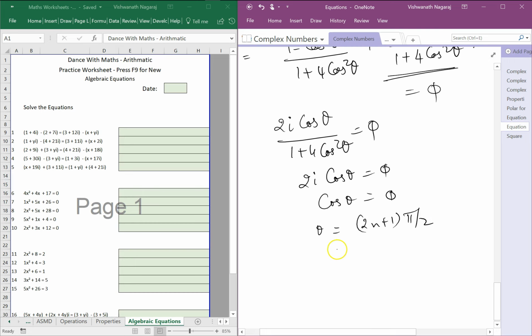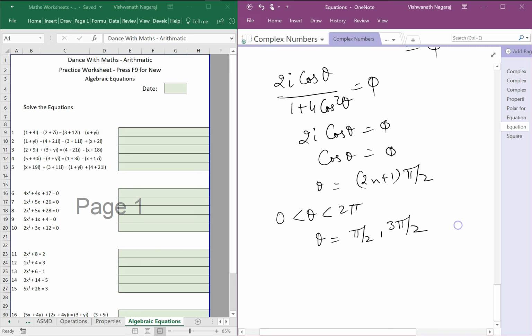If there is a restriction on θ, that it has to be between 0 and 2π, then in that case θ would be equal to π by 2 and 3π by 2. Okay, right?